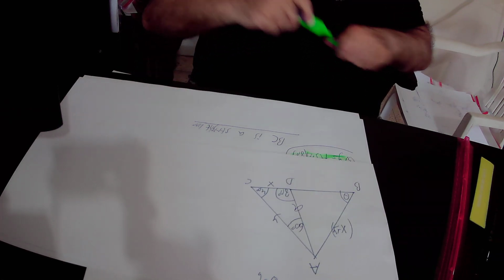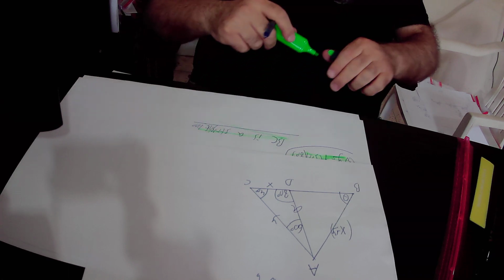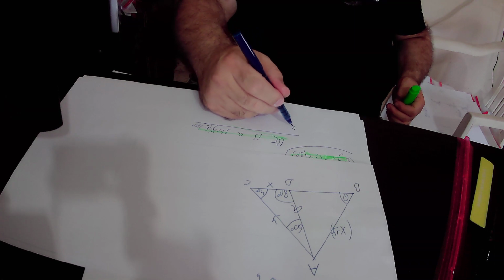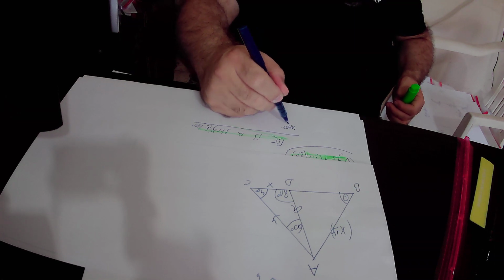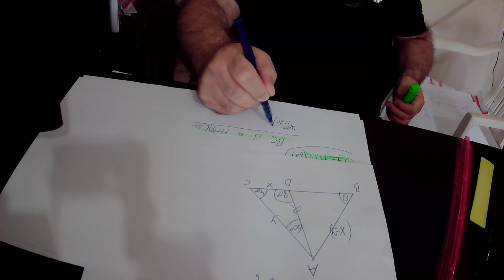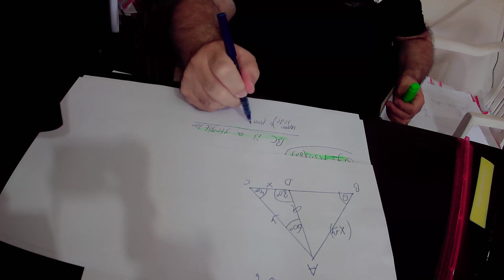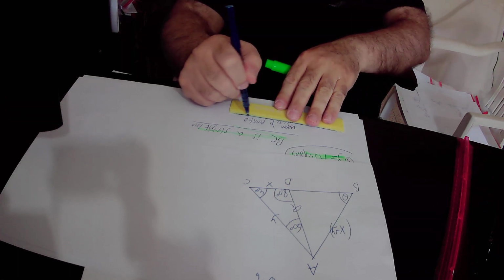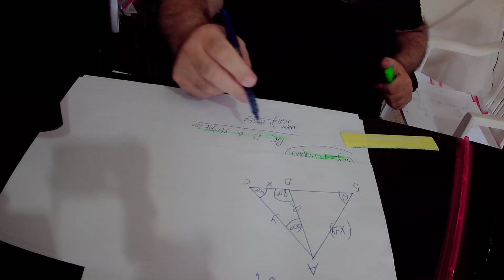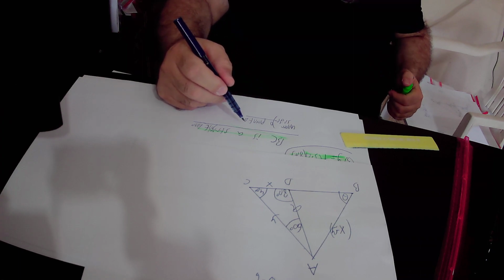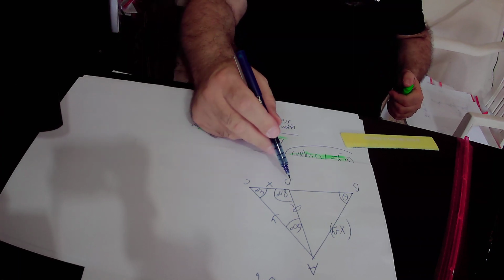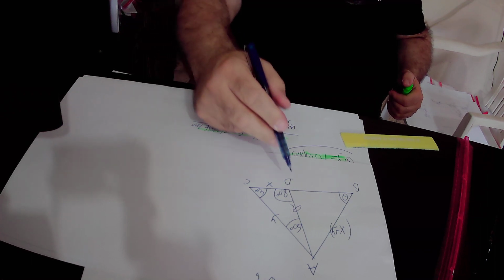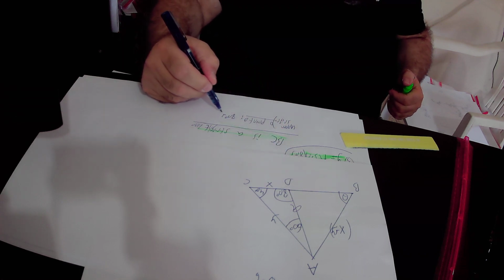If you focus on the upper side of the straight line BC at point D, then the sum of the angles on the upper side of BC at point D must be equal to 180 degrees. Which angles do we have here? We have 80 degrees plus angle ADB.